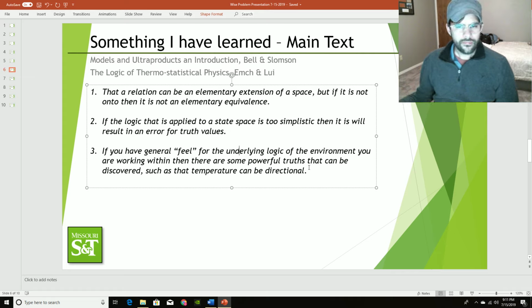And then the third one is, if you have a general feel for the underlying logic of the environment you are working in, whether that's a state space or a metric space or the set of all reals or whatever it is, then there are some powerful truths that can be discovered, such as temperature can be directional, which is outside the box right there.